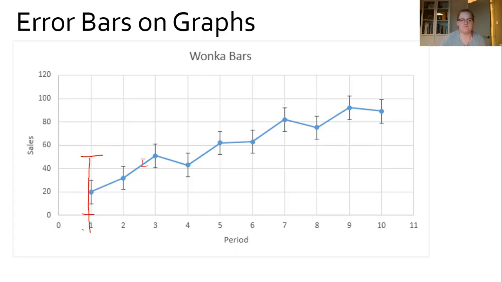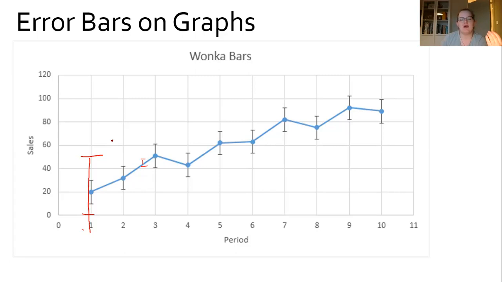This one here would mean we had a larger range of results, which means we had a larger amount of errors than this one, because this one is more precise, with less of a range of results.